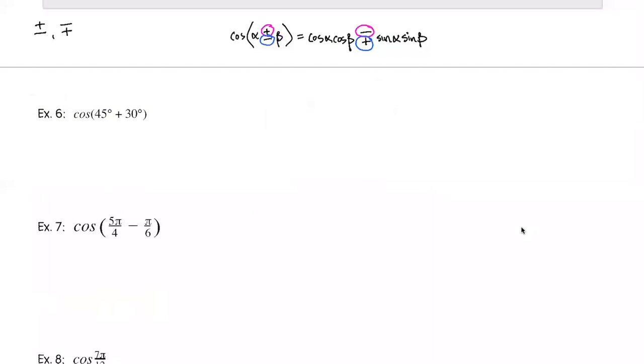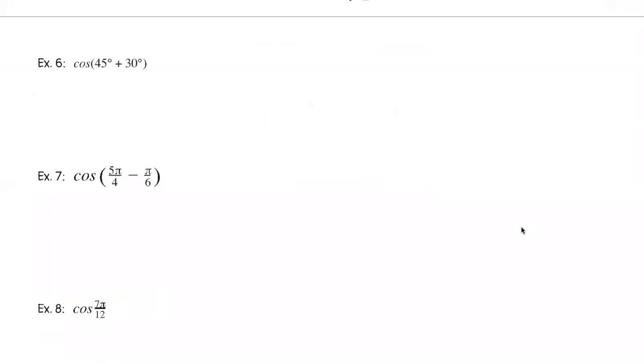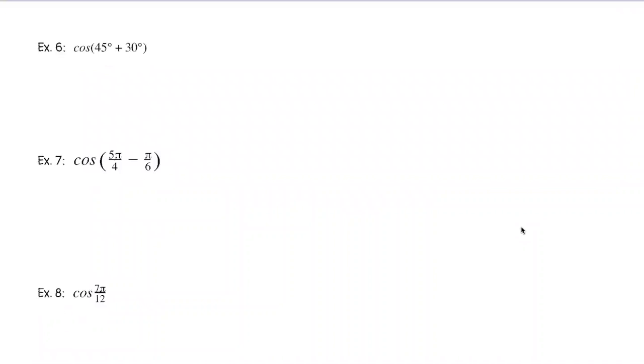Okay, so let's start off similarly to the way we did for sine. We're going to practice using the formulas for 6 and 7 with alpha plus beta. And then for 8, we're really going to think about what fractions can I add to make 7 pi over 12?